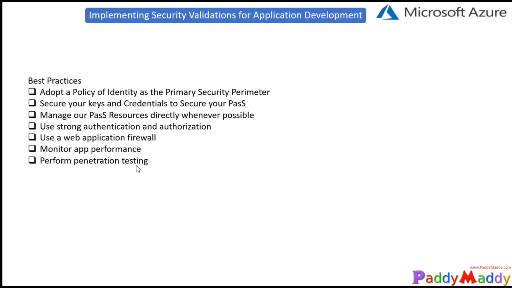All of these best practices are a great way in which we can secure our platform as a service environment and applications. This is how we are going to secure our platform as a service applications and implement our security validations for our application development and our application development environments.